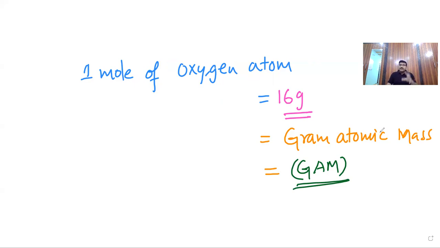That means 1 mole of oxygen atom is equal to simply 16 grams. Wherever you come across gram atomic mass, 1 mole of oxygen atoms, gram atomic mass is 16 grams. Is it clear?